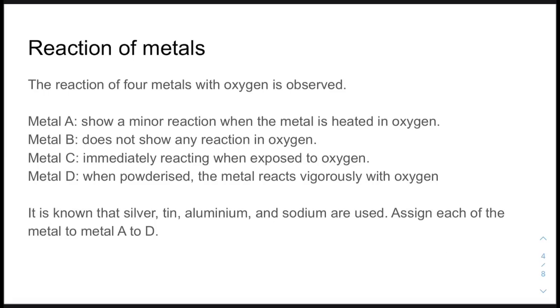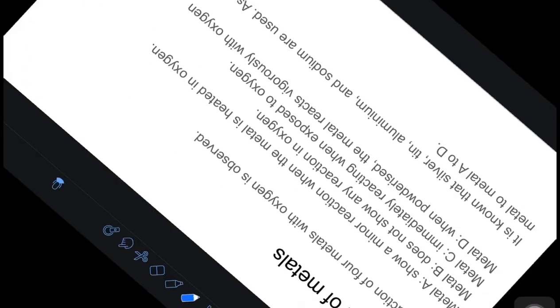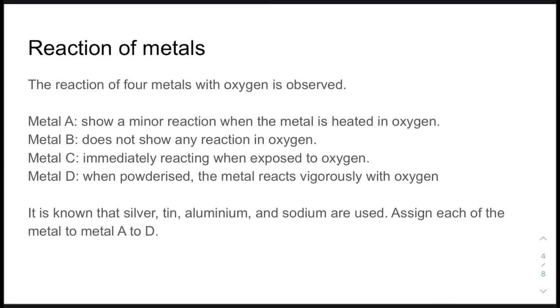Next question. It's rather long. The reaction of four metals with oxygen is observed. Metal A shows a minor reaction when the metal is heated in oxygen. Metal B does not show any reaction in oxygen.